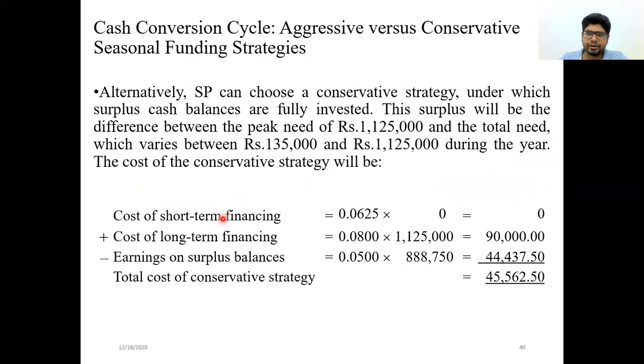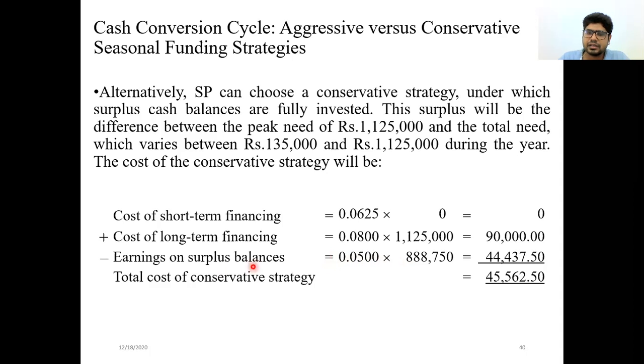Here, they don't want to go for any short-term borrowings. Therefore, that's zero. And for long-term financing, all the required funds are taken from the long-term loan at the rate of 8%. So the cost of long-term borrowing is 90,000, and they have additional funds of 888,750, which can be invested at the rate of 5%.